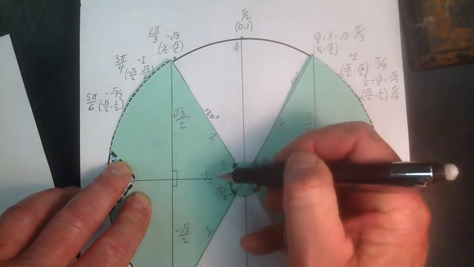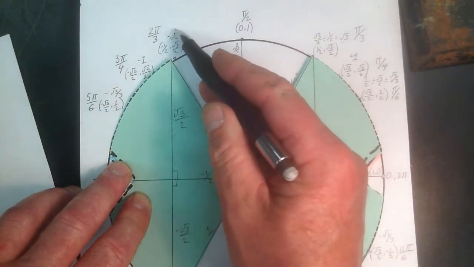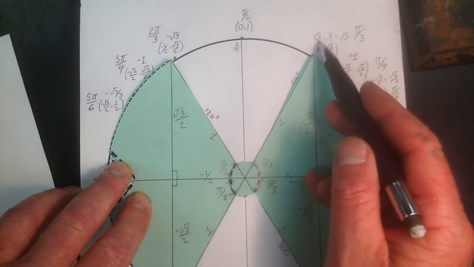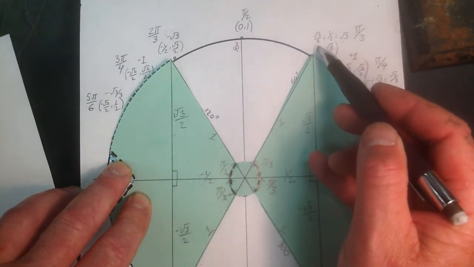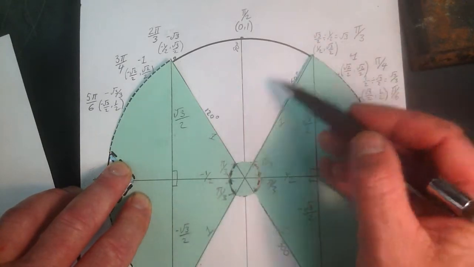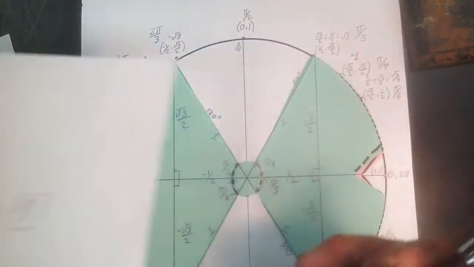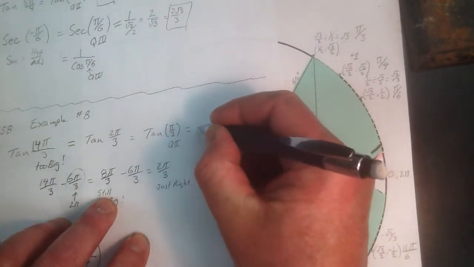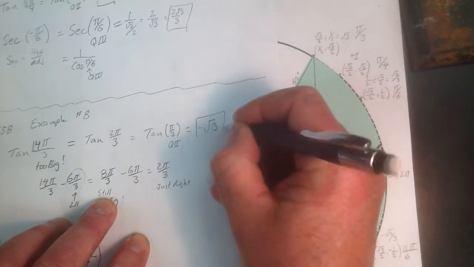I'm going to go this guy divided by this guy. Guess what? We already did that. That's where these guys came from, and we kind of did that in class. So there is square root 3 divided by 1/2, and this is just going to be divided by negative 1/2. So there's my answer of negative root 3.